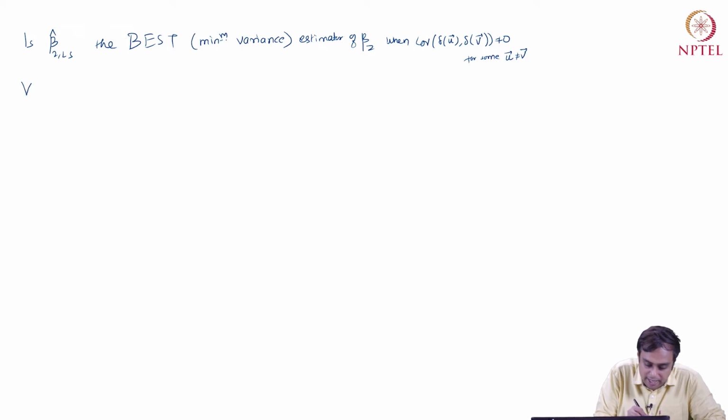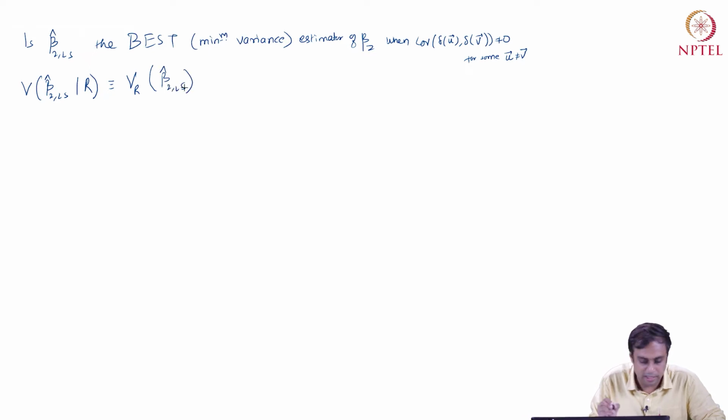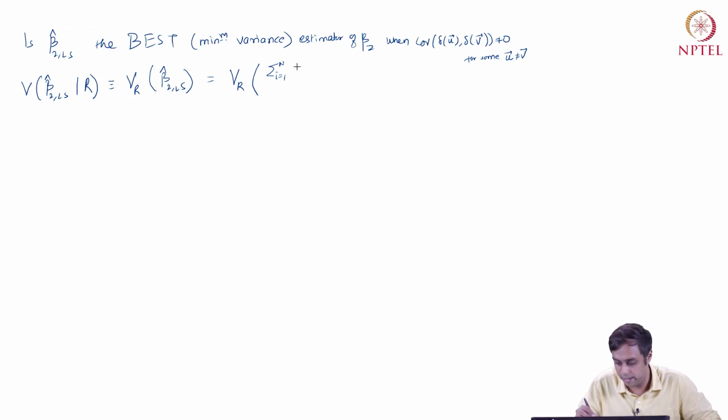So I'm going to look at the variance of beta hat 2 least squares given data on R, which I am now going to define as VR, just for concise notation, beta hat LS, which is equal to the conditional variance operator onto i equals 1 to n. So I'm just going to write the formulation of beta hat 2.